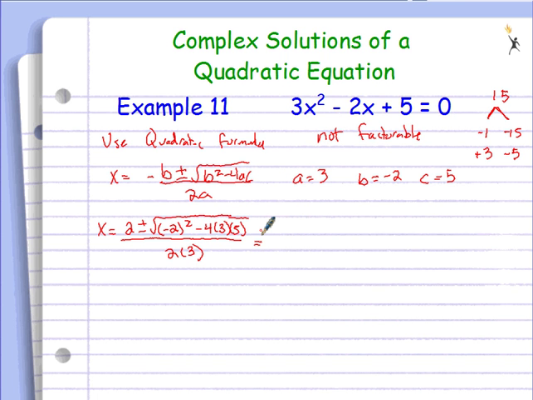Remember what I've told you? I only want you to do the radicand, what's on the inside, first. So if you just do negative 2 squared minus 4 times 3 times 5 in your calculator, you're going to end up with 2 plus or minus the square root of negative 56, sorry, divided by 6.